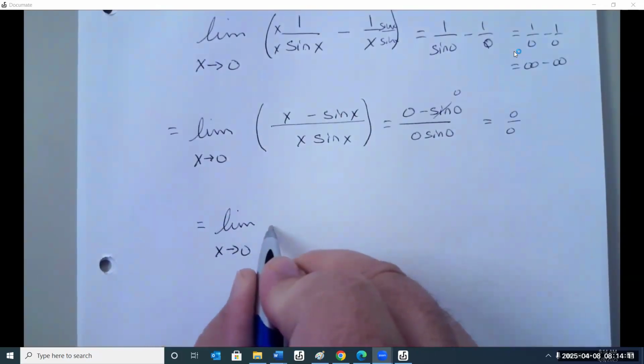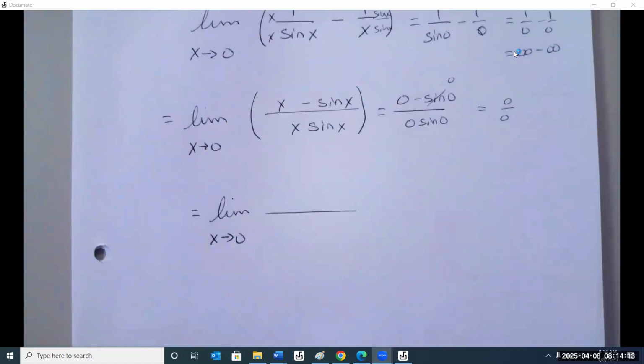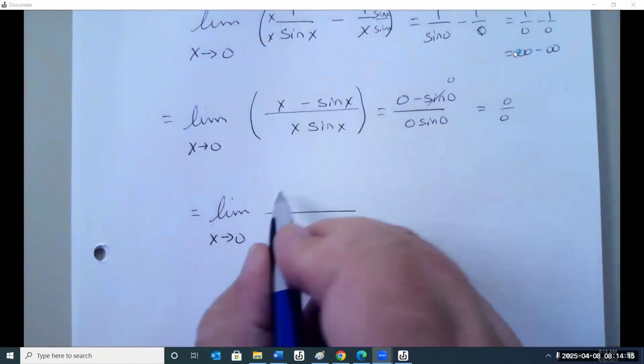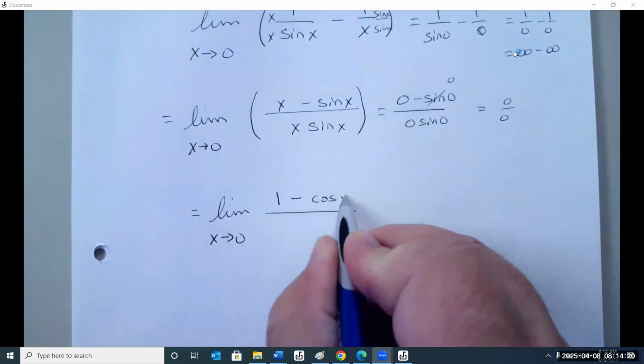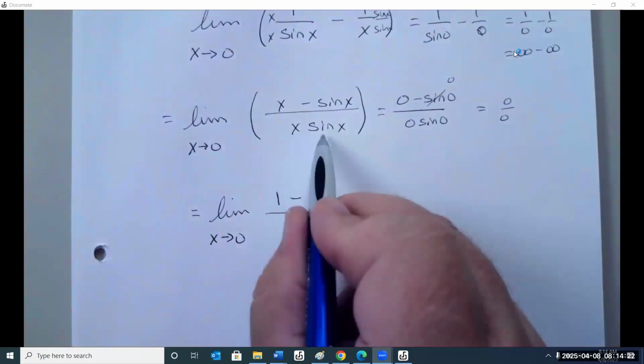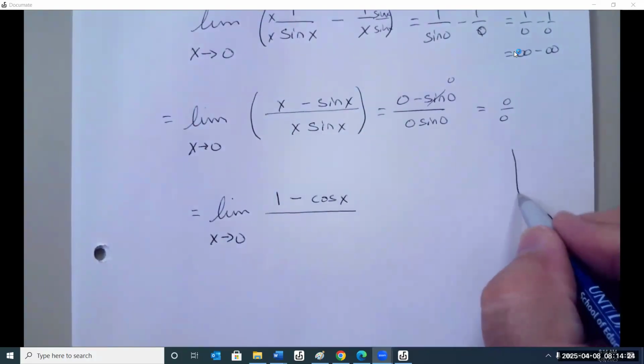So using L'Hopital's rule, take the derivative of the top. The derivative of x is 1. The derivative of sine is cosine. And on the bottom, we have a product. So we've got to use the product rule.